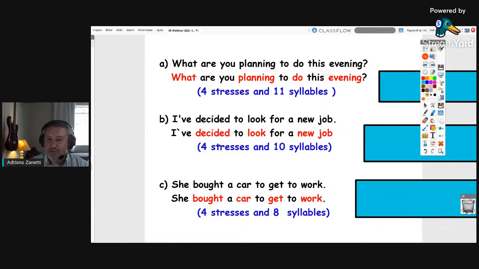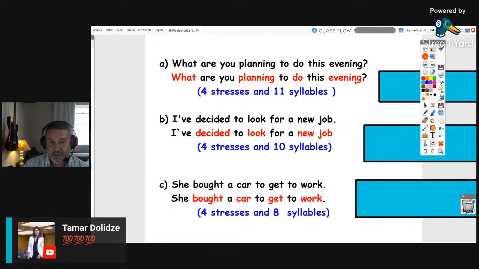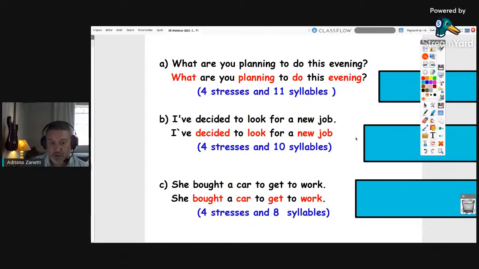So you need more grammar here, a little bit less grammar, and a little less grammar. But the four stresses are there. What playing do evening? Decide, look, new job. Bought, got, get, work is the same rhythm. What you need to do now is to go up and down the electrocardiogram, and you get the rhythm.